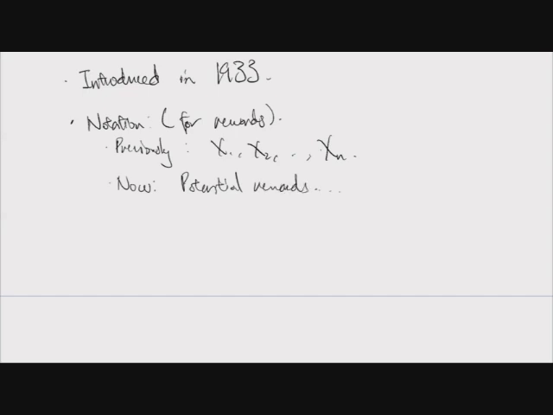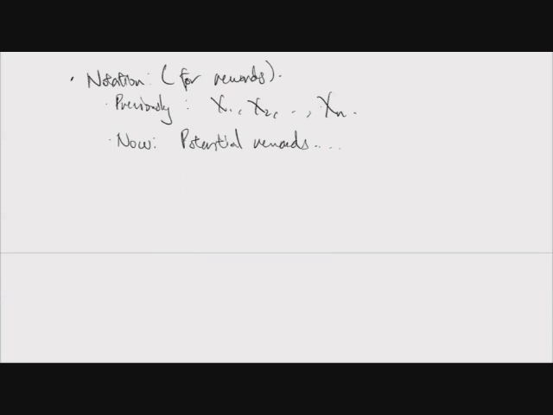Instead of looking just at the actual rewards that are observed, we're going to have this theoretical construct of rewards that you could possibly have observed. There are going to be k columns. Let's assume that k is equal to 5 for simplicity.